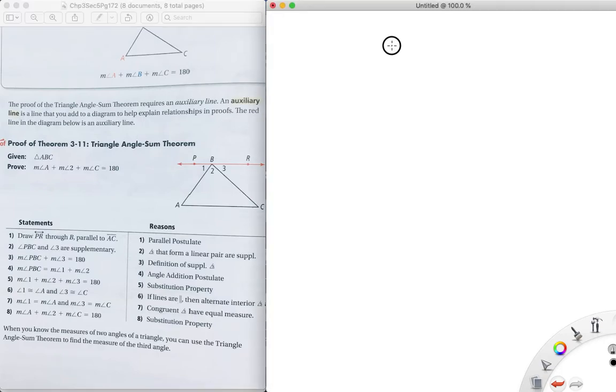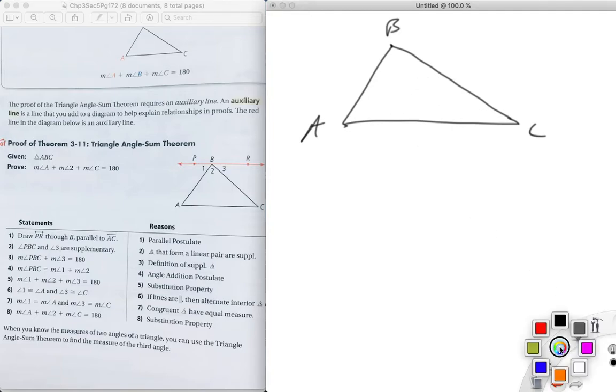So we have this triangle. This is the proof of the triangle sum theorem. We have this triangle A, B, and C. We have angles A and B. They say, okay, let's draw an auxiliary line using the parallel postulate.